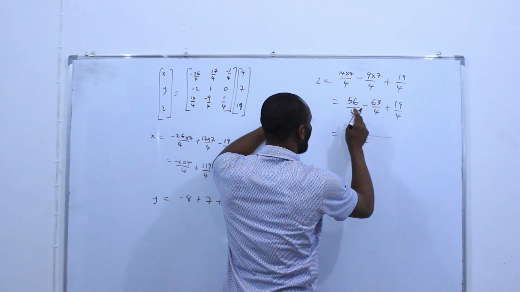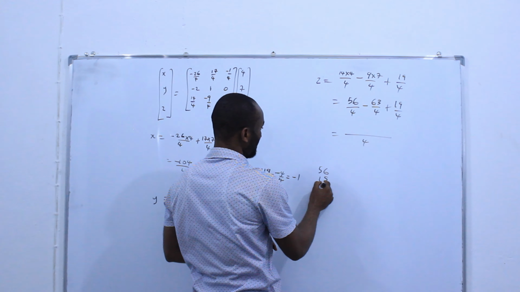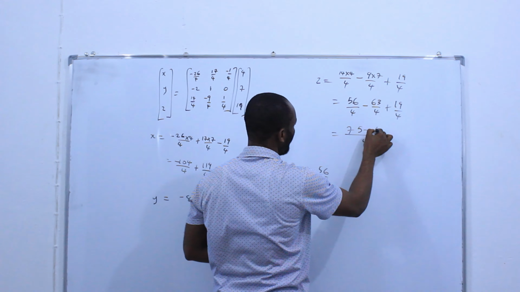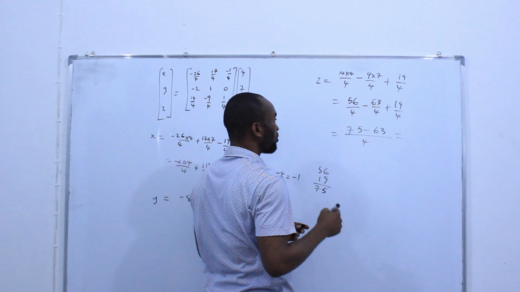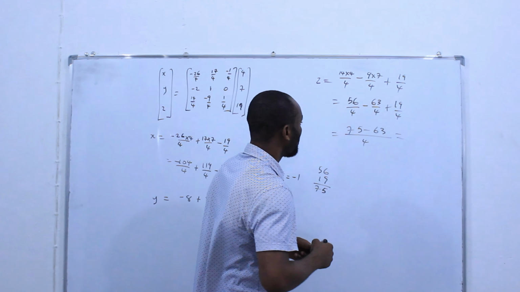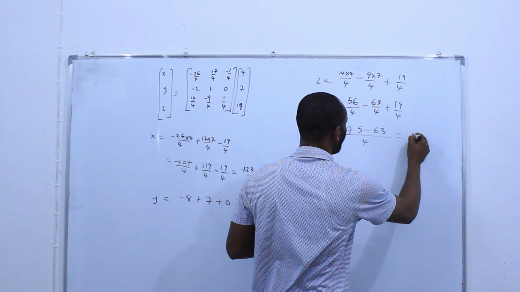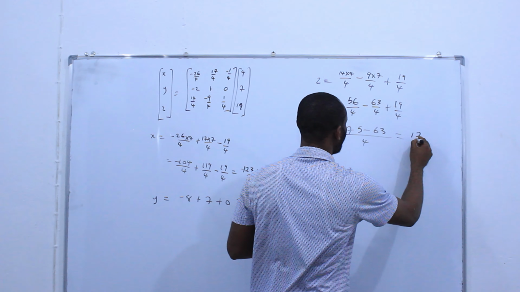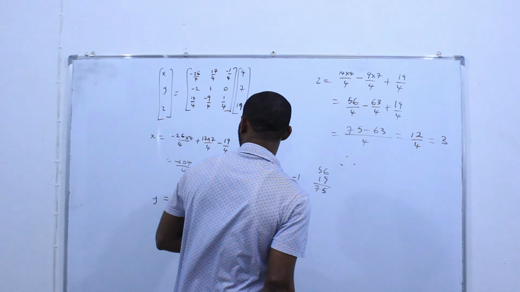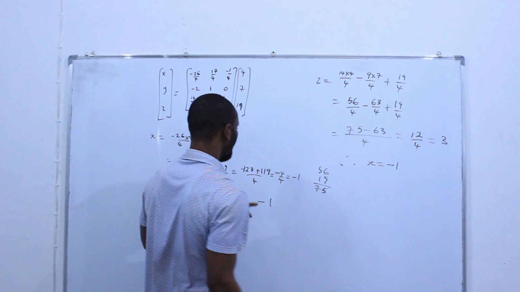We have 56 plus 19, which is 75, minus 63, which gives 12, if I'm correct. Yes, 12 all over 4, and the answer is 3.